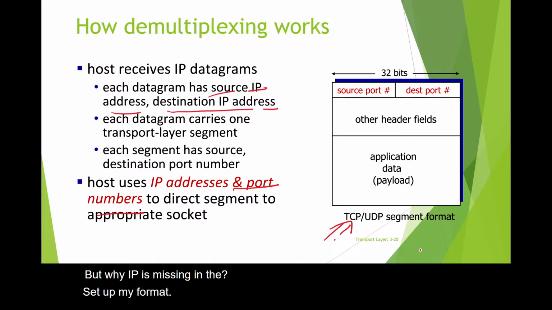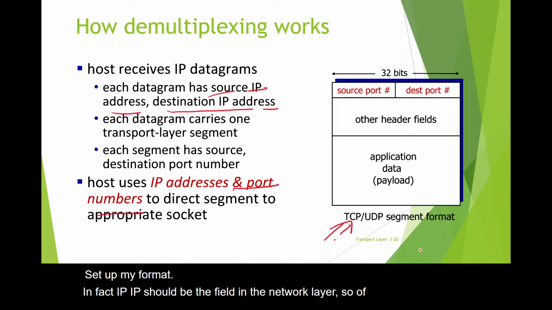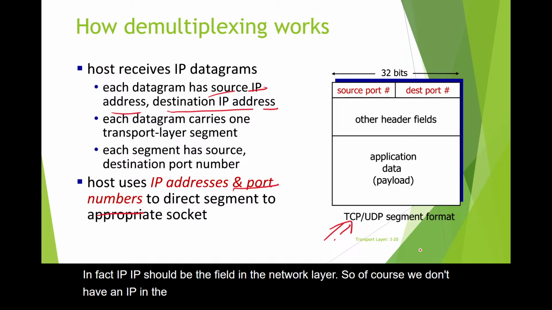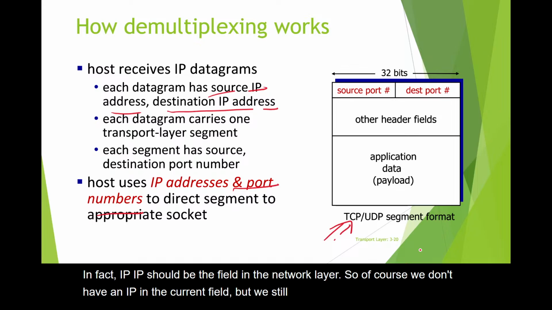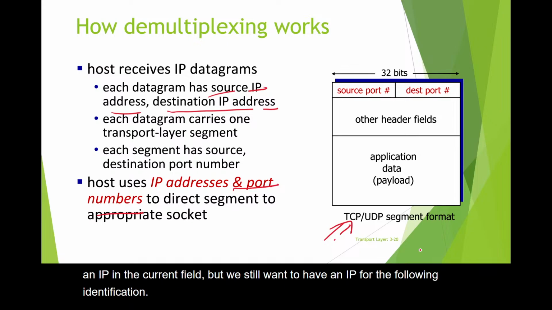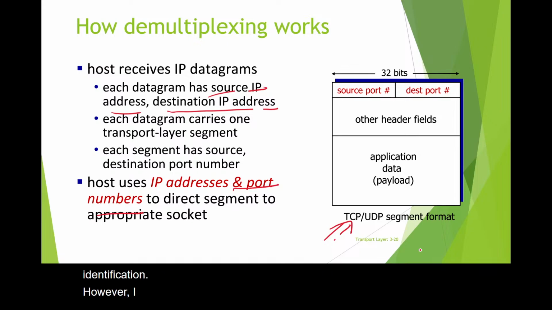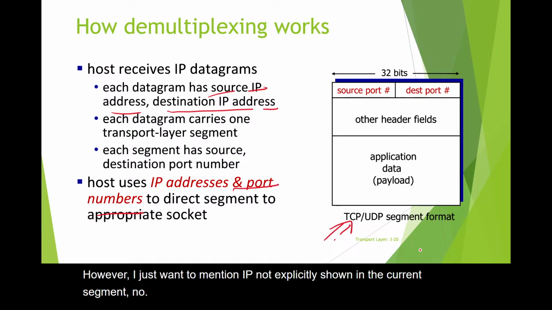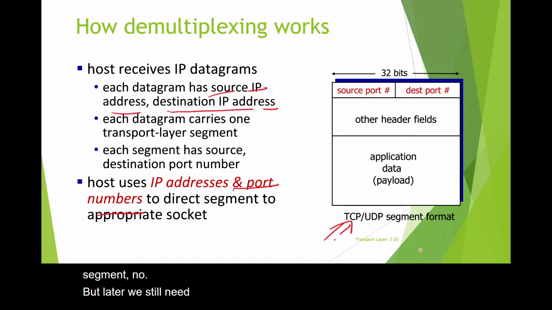In fact, IP is a field in the network layer, so of course we don't have IP in the current fields. But we still want IP for the following identification. I just want to mention IP is not explicitly shown in the current segment, but later we still need to rely on IP.